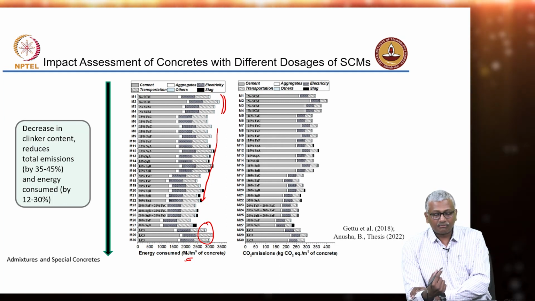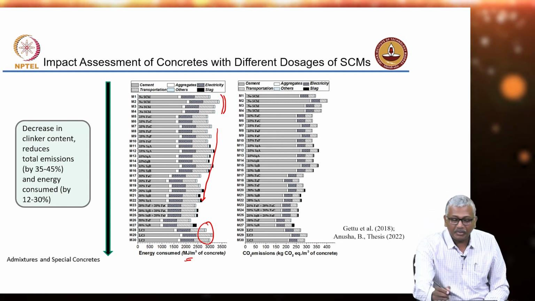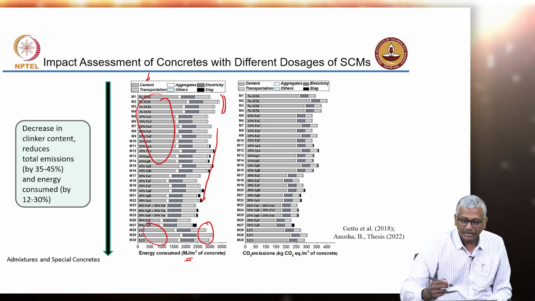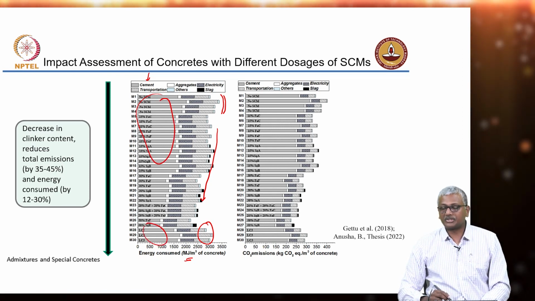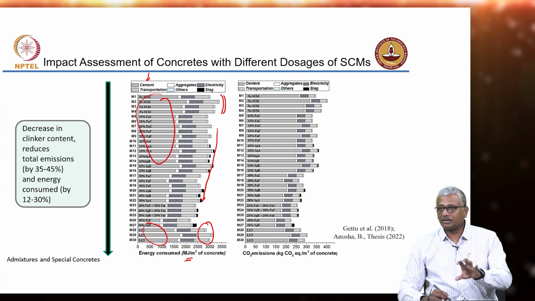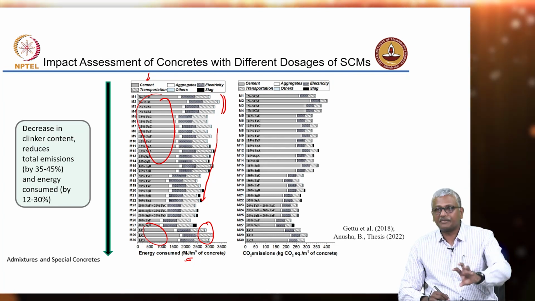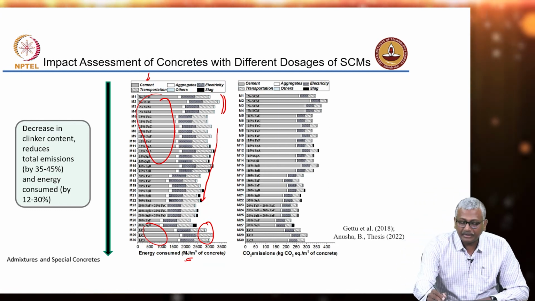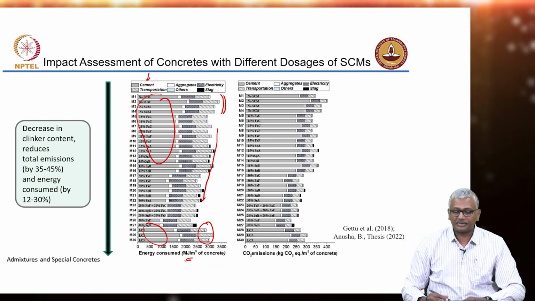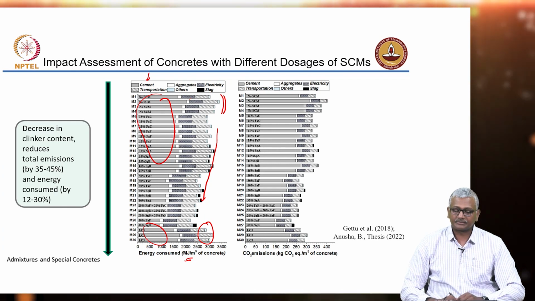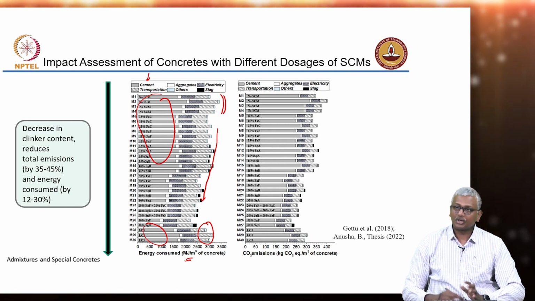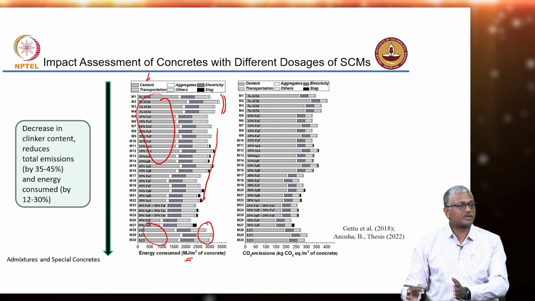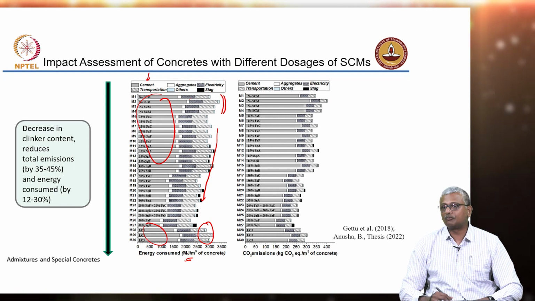But what is important from here is that the part played by cement has the largest role to play in the energy consumption. That means the cement input into concrete has the largest role to play. Your aggregates and electricity required are only a smaller component, but not so small, it is about half. So, half is because of cement and half is because of your aggregate and electricity involved in production of the concrete.